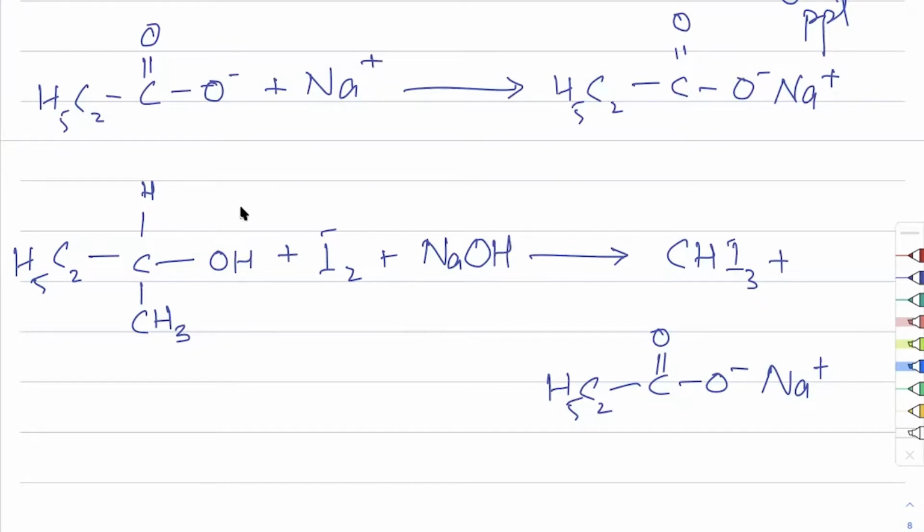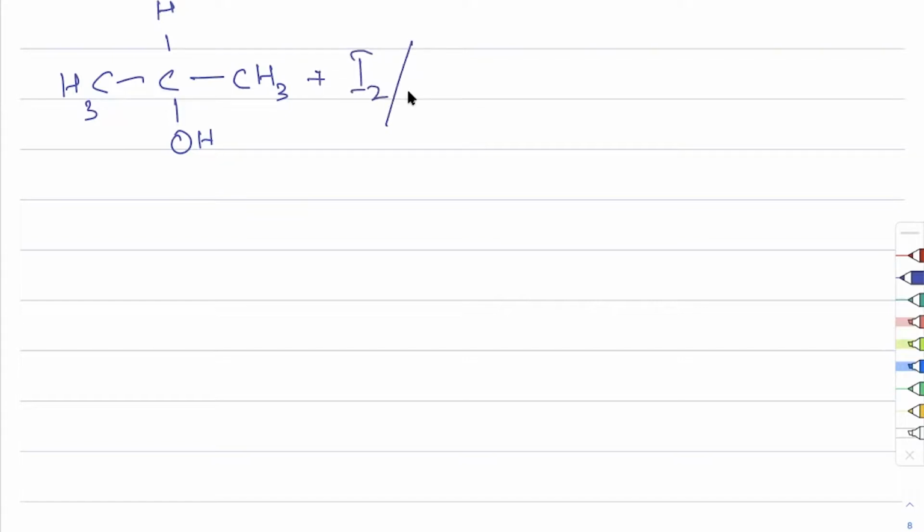So that's the iodoform reaction. Let's take an example of this. What's the necessary requirement for having an iodoform reaction? You must have methyl on the same carbon as OH. Only then do iodoform reactions happen. Okay, so I'm going to give an example. Iodine in presence of sodium hydroxide, aqueous. What should happen?